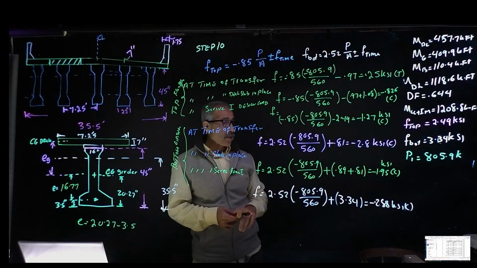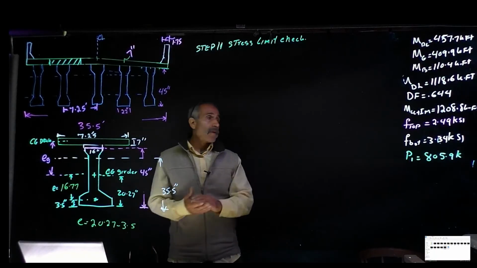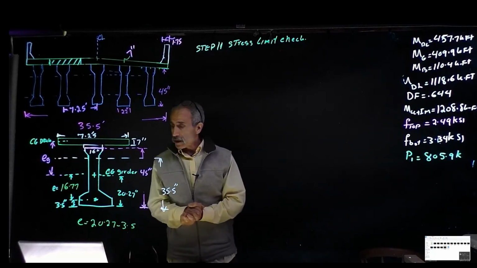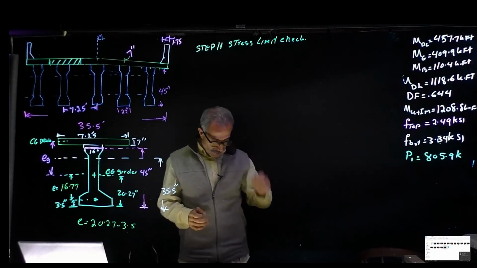So let's continue. Let me erase all these numbers. All right. So now we're going to go to the next step, step 11. We're going to go ahead and do a stress limit check, as we talked about before.